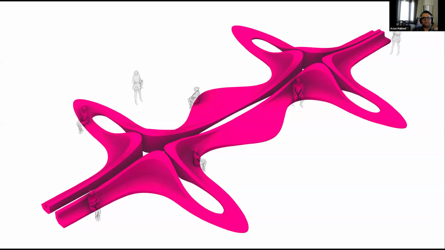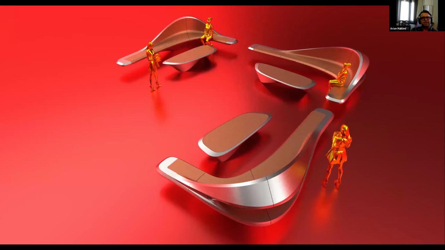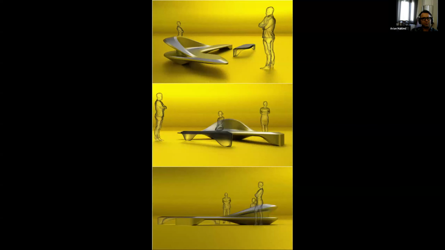We started exploring these geometrical forms, trying to make them into something more specific in terms of performance and function. Through various design stages and collaboration with the manufacturer, we rationalized it into this form.